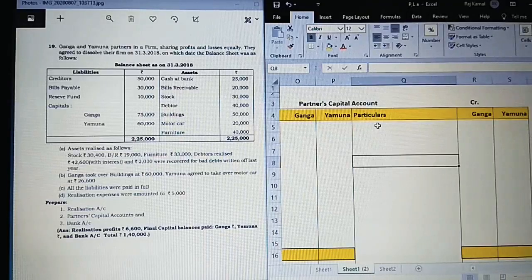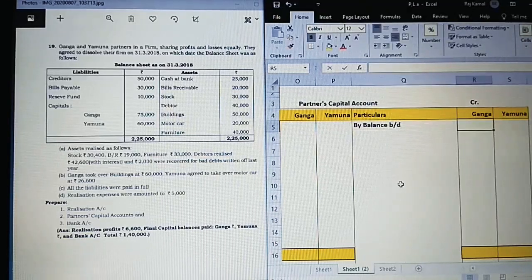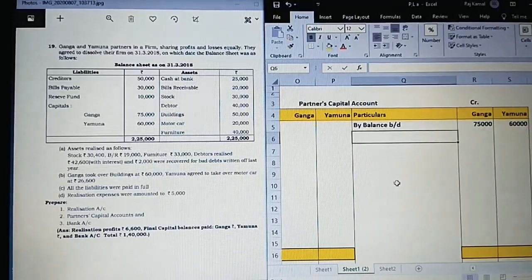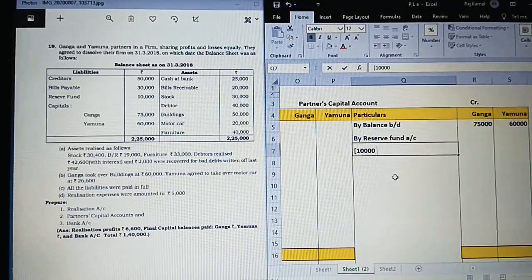Now coming to partners capital account, first on the credit side we have by balance brought down, 75,000 and 60,000. Next, by reserve fund account, 10,000 is going to be distributed equally 1:1 between two partners, right?